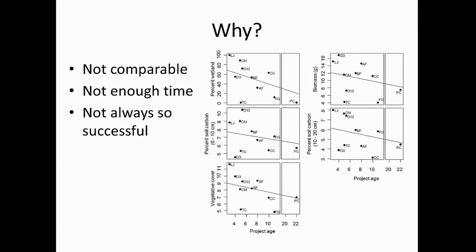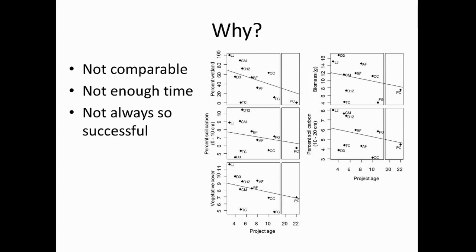While there's a lot of scatter here, the trend held, where the more recent projects scored higher in everything. That's great from the perspective that we might be doing better at meadow restoration. But in terms of not enough time, it suggests that at least to some degree, there was enough time for these variables to express themselves.